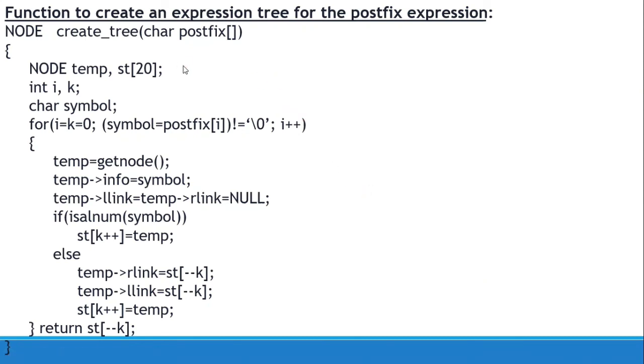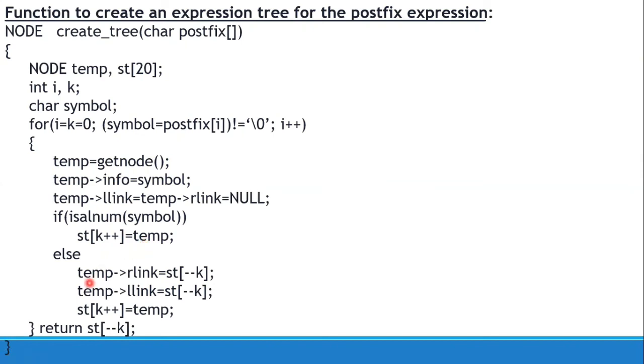So this is a C program to create an expression tree for the postfix expression. Here temp equals get node, we obtain a node for each symbol. St of k plus plus equals temp: we push the operand node onto the stack.